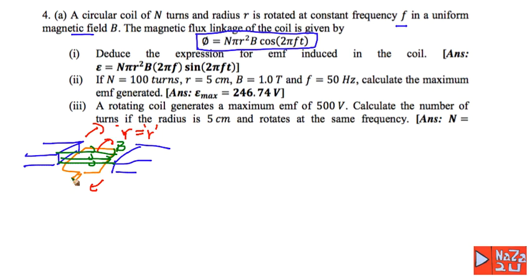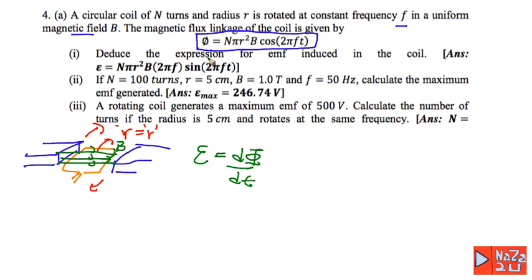As you know, when the coil rotates in the magnetic field B, it induces EMF. So the EMF induced is the rate of change of flux.